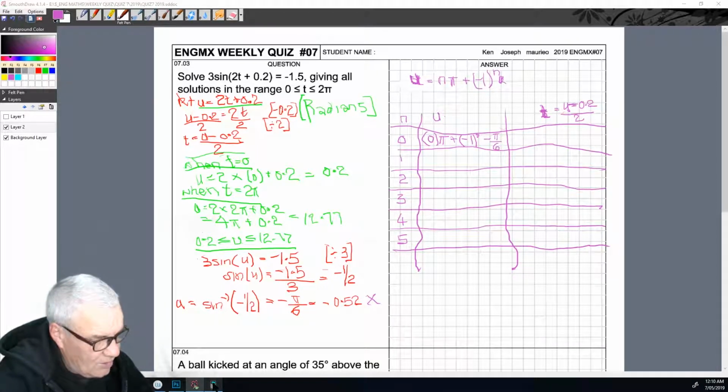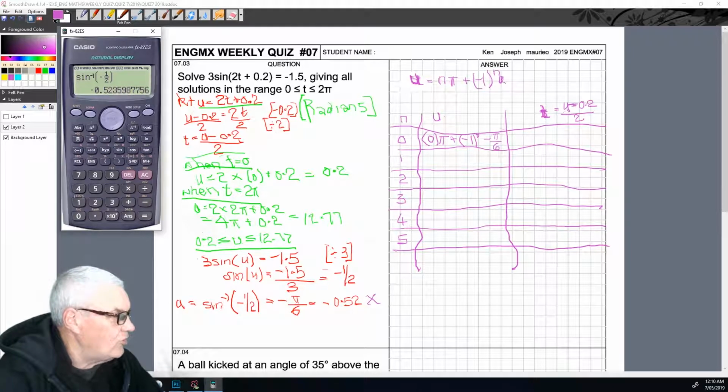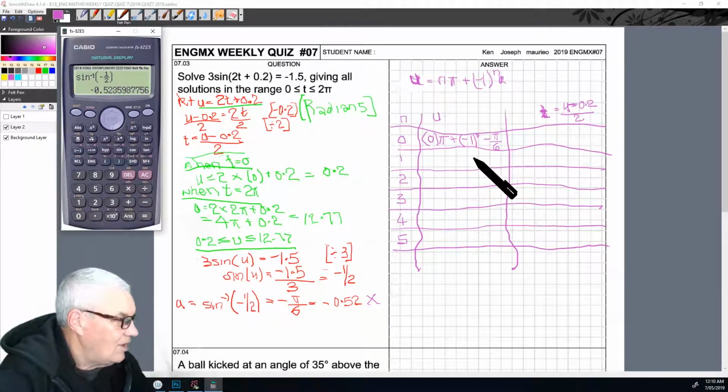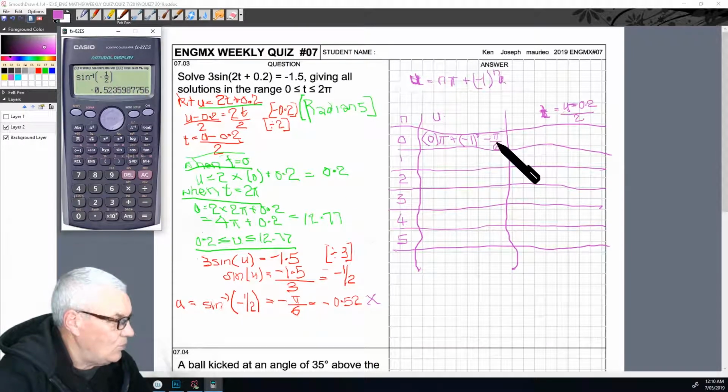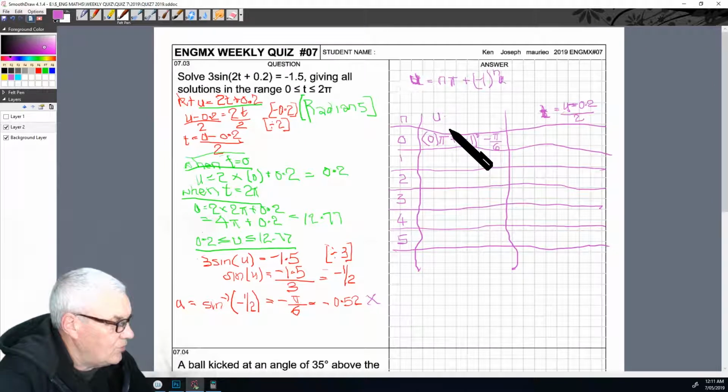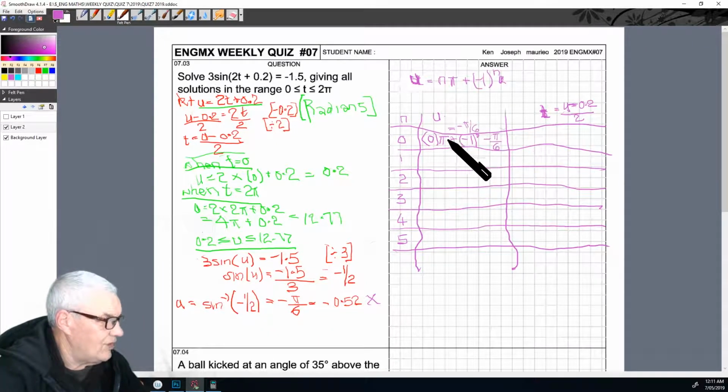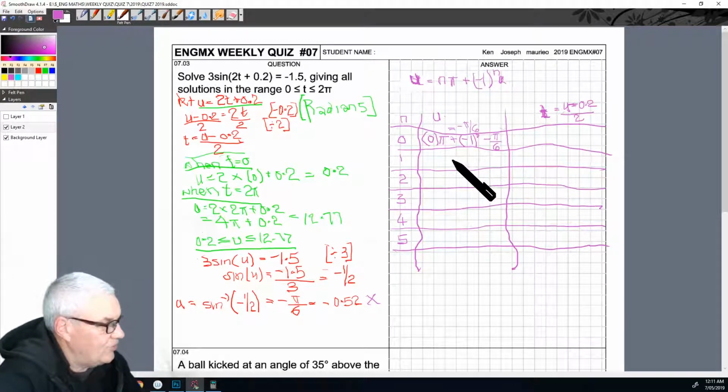So, okay, so u is negative, that equals negative pi by 6. That'll be 1. So that's equal to negative pi by 6 in there.